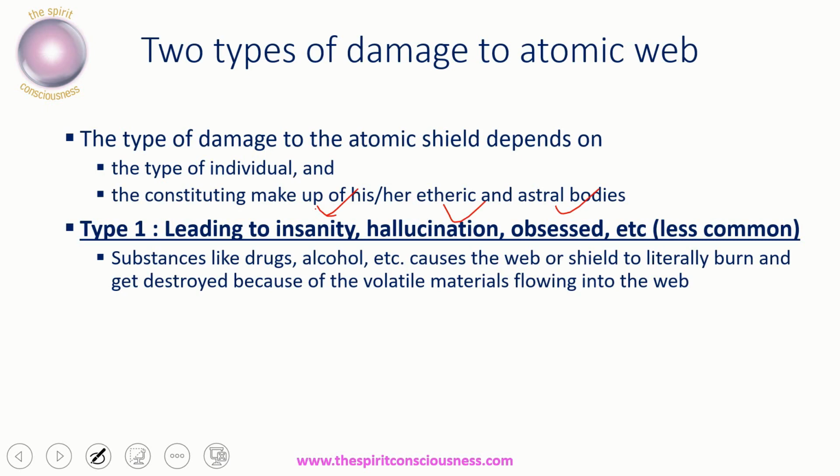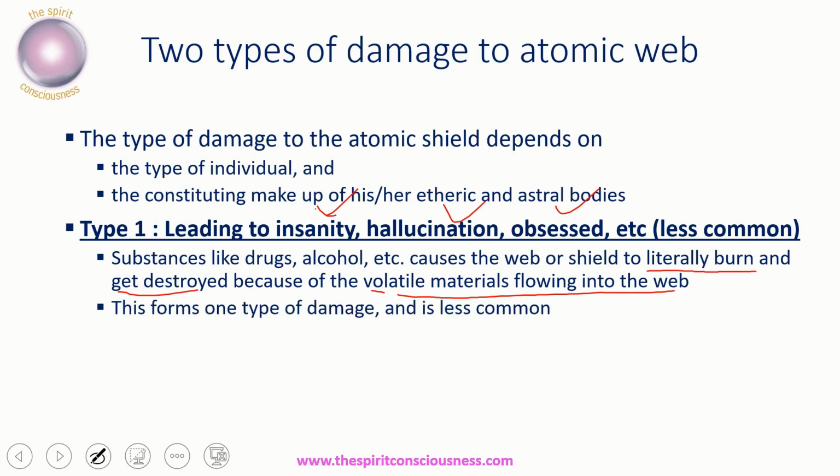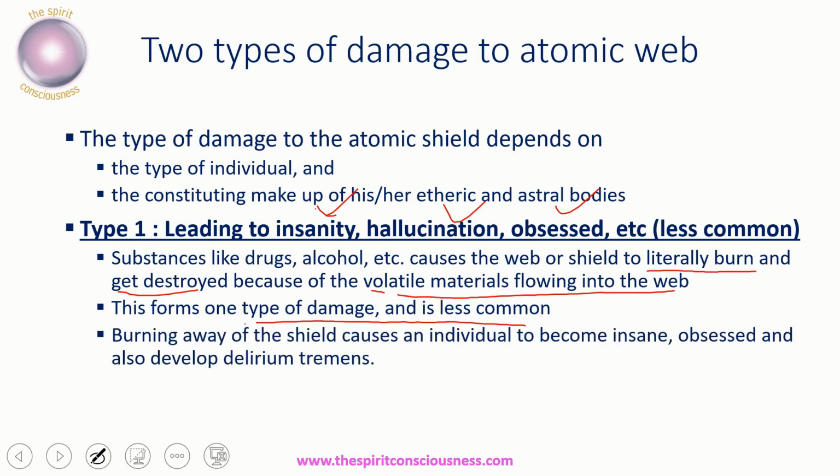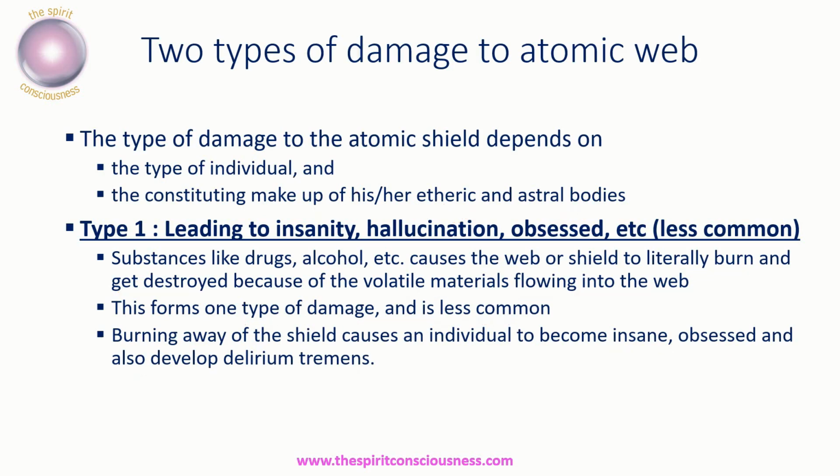Substances like drugs and alcohol cause the web or shield to literally burn and get destroyed because of the volatile materials flowing into the web. This forms one type of damage and is less common. Burning away the shield causes an individual to become insane, obsessed, and also develop delirium tremens.